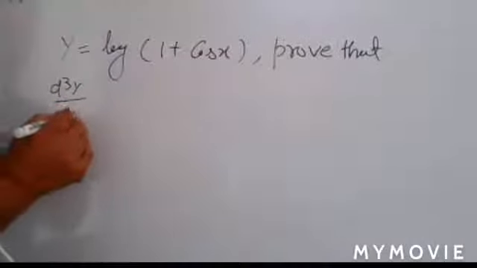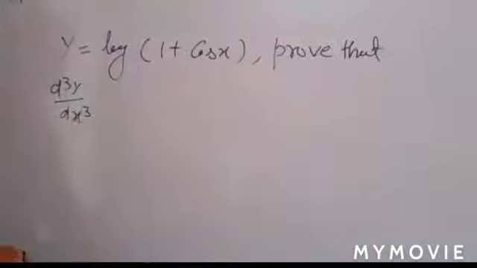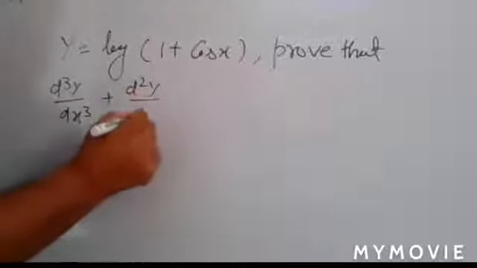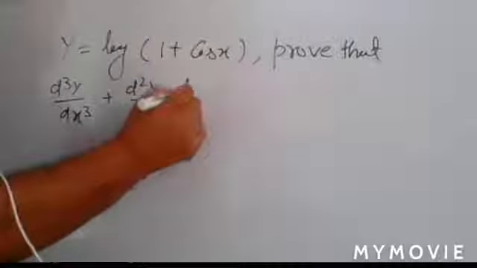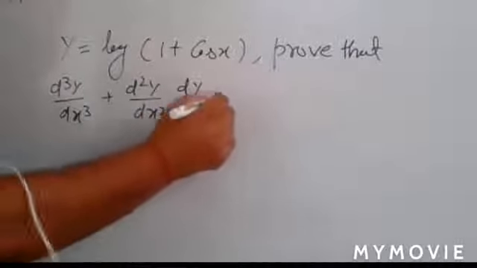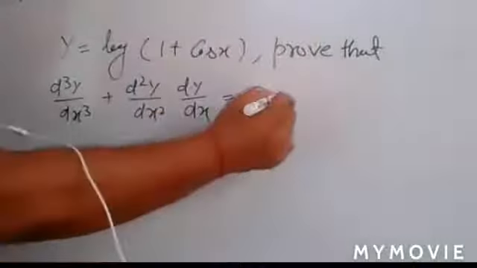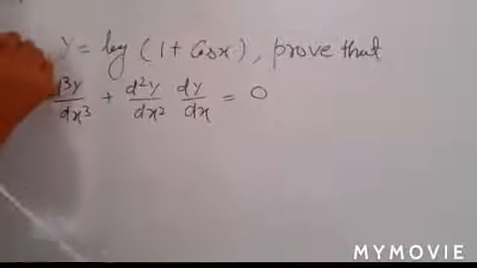Prove that d3y by dx3 plus d2y by dx2 into dy by dx is equal to 0. You have to prove this result.